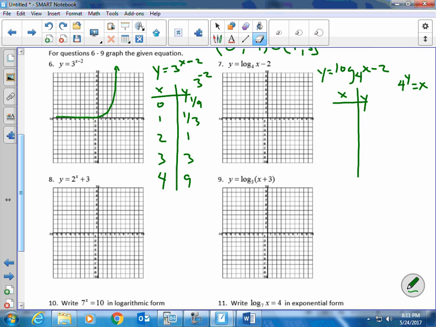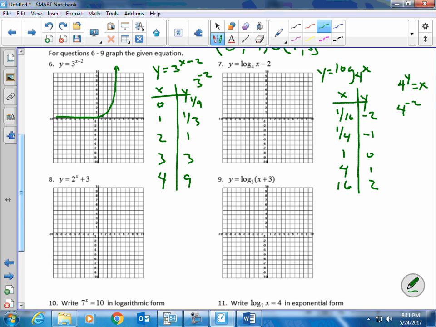If that minus 2 is not there, I'm looking at just 4 to the y equals x. And I plug in my typical values, negative 2, negative 1, 0, 1, 2. If y is negative 2, then this becomes 4 to the negative second power, which is 1/16. Then it's 1/4, then it's 1, then it's 4, then it's 16.